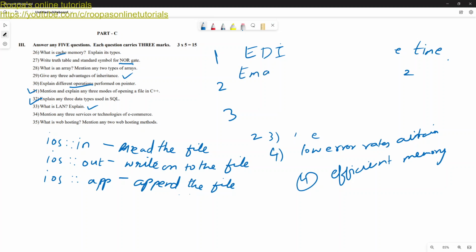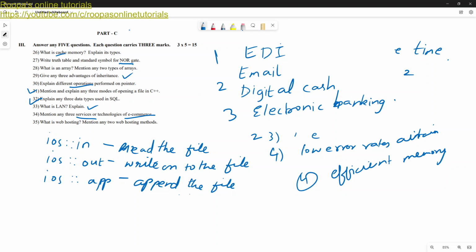Then you can write email. This is quite easy to remember. Third one is you can say digital cash. Okay, and the fourth one is you can write electronic banking. Okay, everywhere you have to have this word electronic there. So electronic banking, electronic funds transfer, electronic data interchange, all these are services or technologies provided by e-commerce.